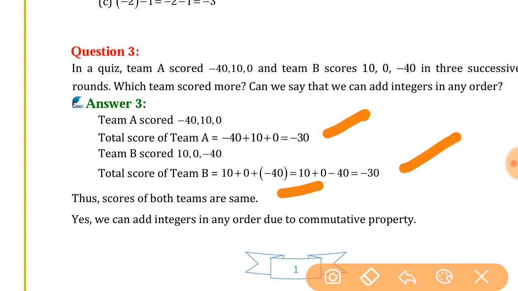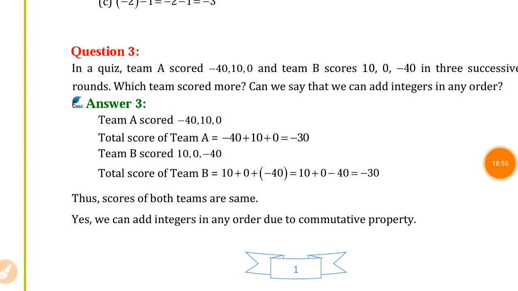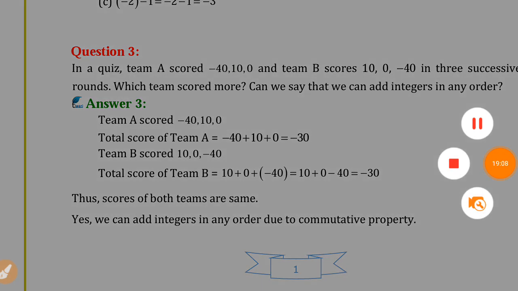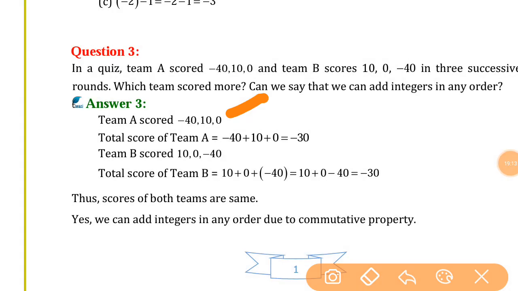So another question. Can we say that we can add integers in any order? Yes, we can add integers in any order due to the commutative property. Just now I added 10 plus 0 and 10 plus 0 also, because I grouped the plus 10 and 0 and kept the minus 40 separately.